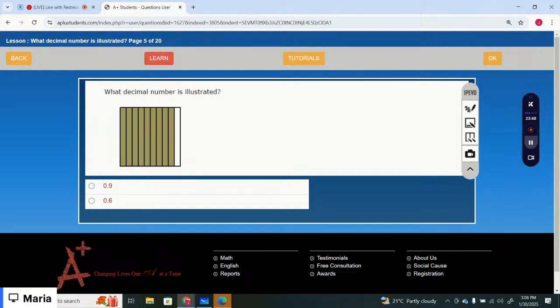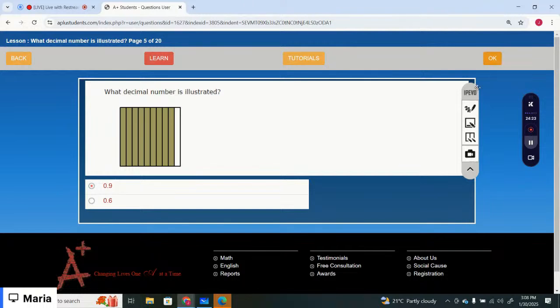What number is illustrated? Which is the correct option? That is 0.9.